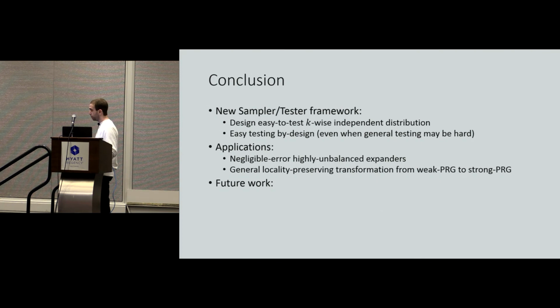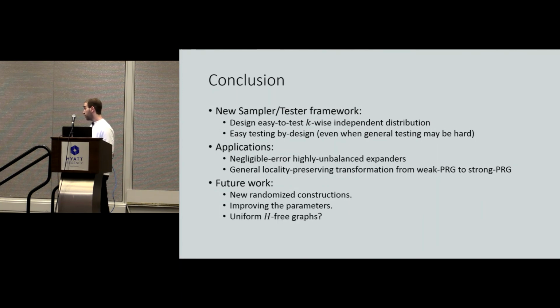The future work may include new randomized constructions that improve the parameters of this work. And there is also an open problem on whether this can be done in the uniform distribution. That is, if we can take a uniform graph and make sure that it is H-free. Okay, and we show some barriers in the paper. Okay, that's it.